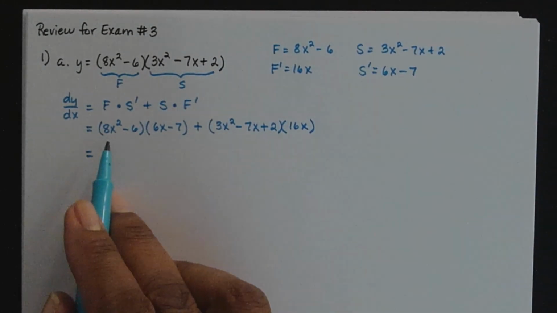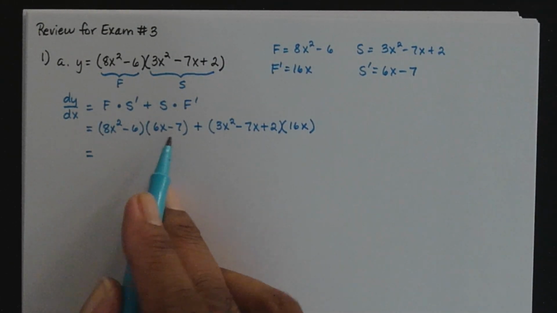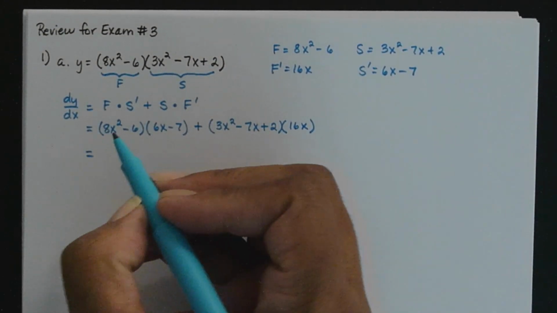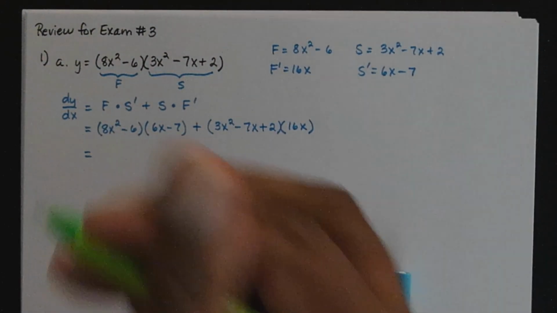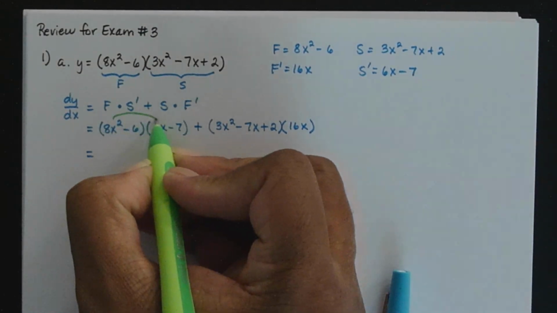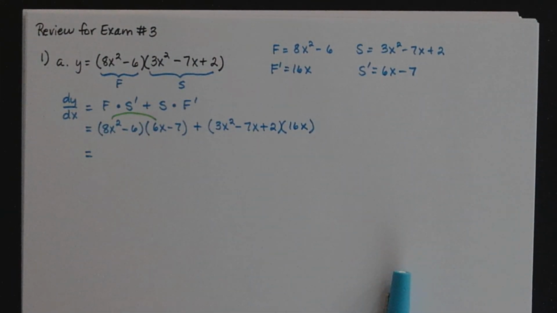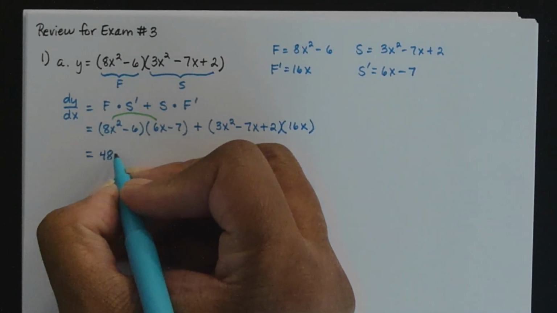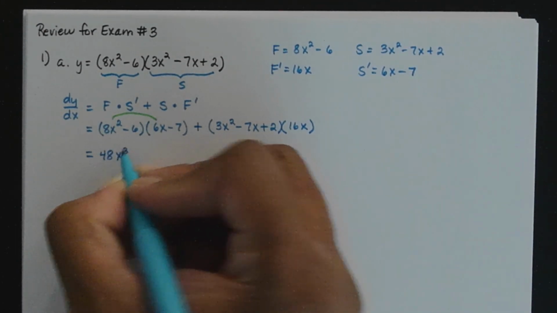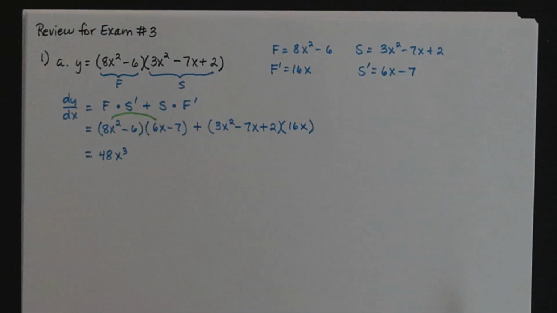Now for the 8x squared minus 6 times 6x minus 7, pretty much if I use the full method, that means I do the first times the first, that's the 8x squared times 6x, that would be 48x cubed.